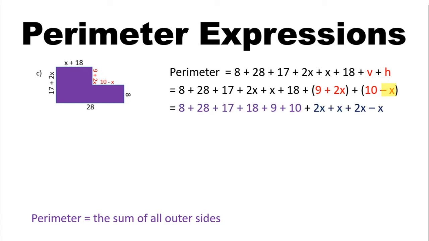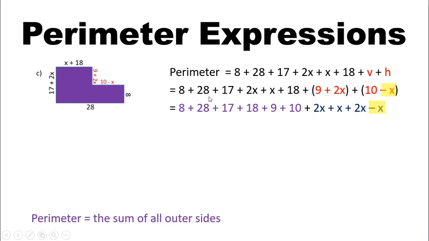So here I've got all my numbers together in the beginning. 8 plus 28 plus 17 plus 18 plus 9 plus 10, and then my x's come after that. So 2x plus x plus 2x minus the x. I've kept that sign negative.